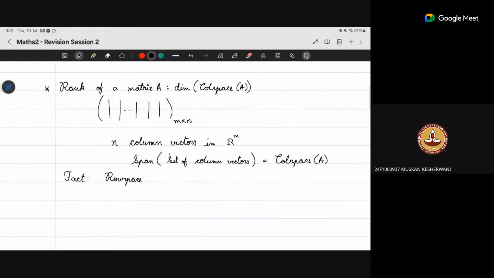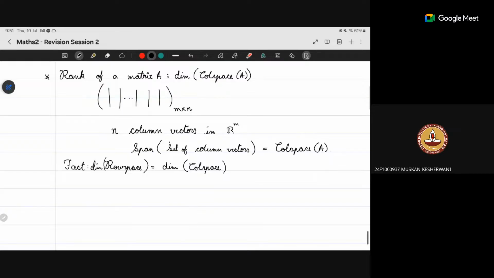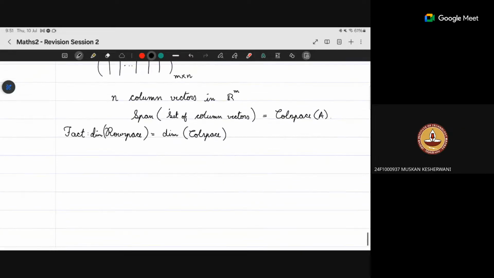But the fact is that the dimension of the row space is the same as the dimension of the column space. So strictly speaking, we have to say row rank and column rank, but because of this fact, both are equal, and it is equal to the rank of the matrix.